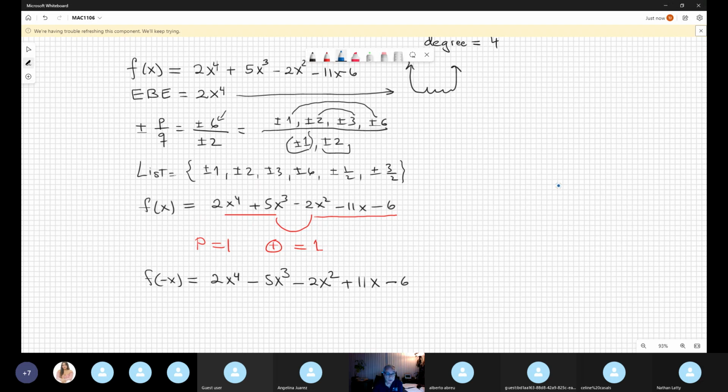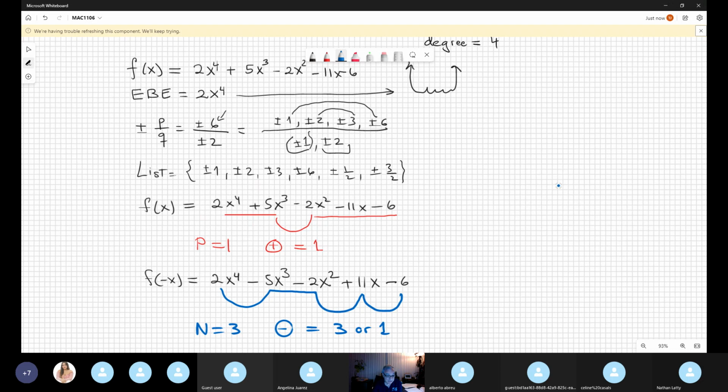Yeah, investigate the change of sign. Positive, negative, 1 change of sign. Stays the same. Negative, positive, 1 change of sign. Positive, negative, 1 change of sign. Therefore, M is 3. Therefore, the number of negative is 3 or 1, because 3 minus 2 is 1.